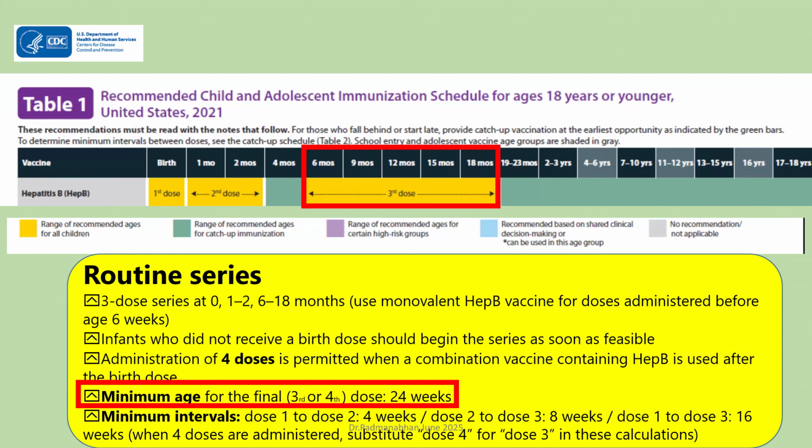Administration of 4 doses is permitted when a combination vaccine containing Hep B is used after the birth dose. Minimum age for the final 3rd or 4th dose is 24 weeks. Minimum intervals: dose 1 to dose 2 is 4 weeks, dose 2 to dose 3 is 8 weeks, and dose 1 to dose 3 is 16 weeks. When 4 doses are administered, substitute dose 4 for dose 3 in these calculations.